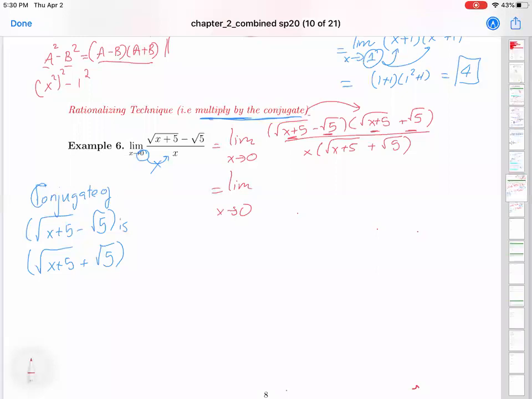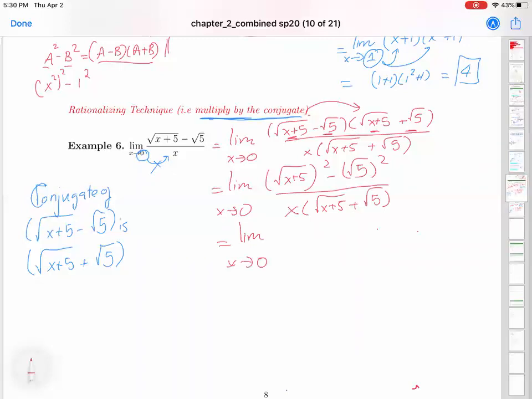And the result should be a squared minus b squared, and there's nothing changed in the denominator. All right, and I keep simplifying. So the square root of x plus 5 squared is just x plus 5, and the square root of 5 squared is 5, and you have x.